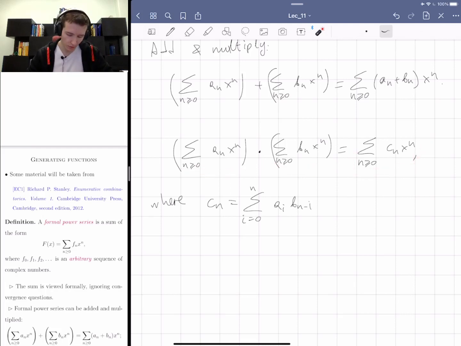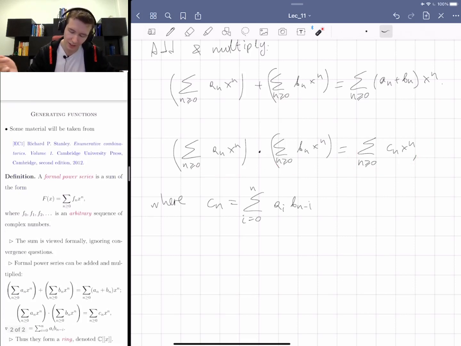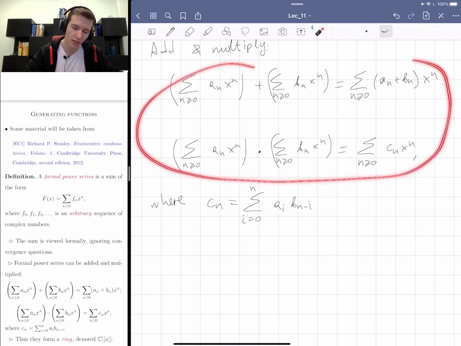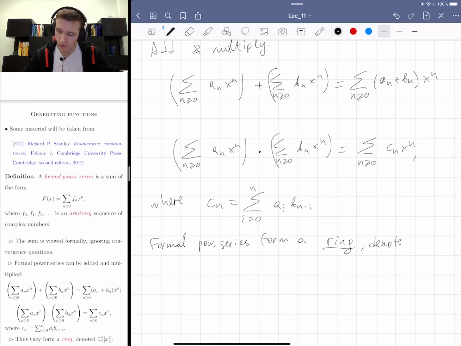For those of you who know a little algebra, such an algebraic structure is called a ring. So formal power series form a ring. If you know what it is, then great, and if you don't, it doesn't really matter.